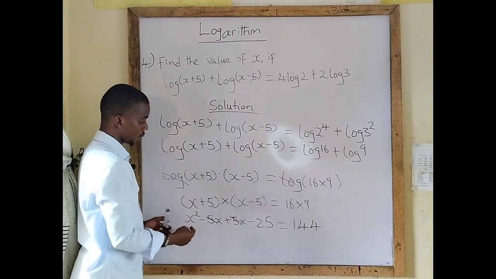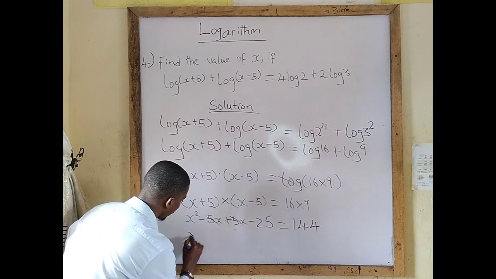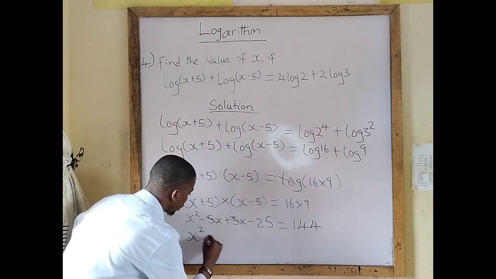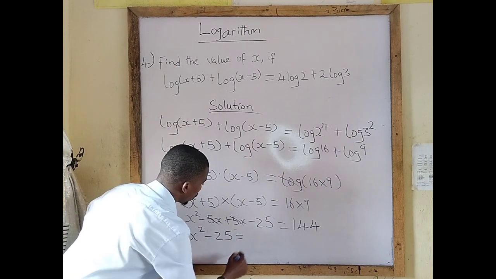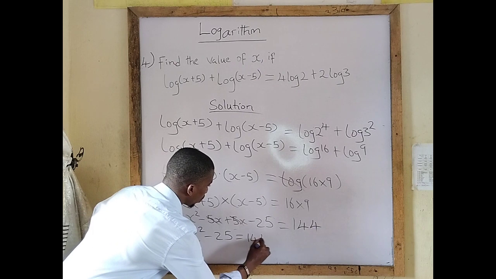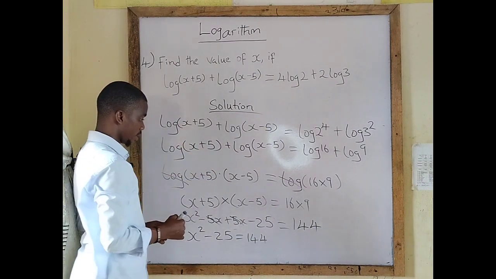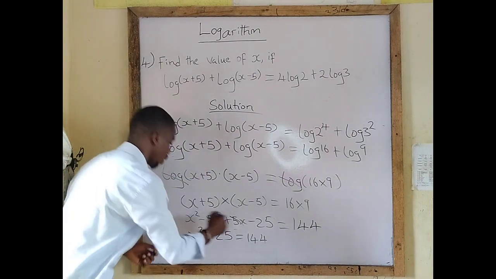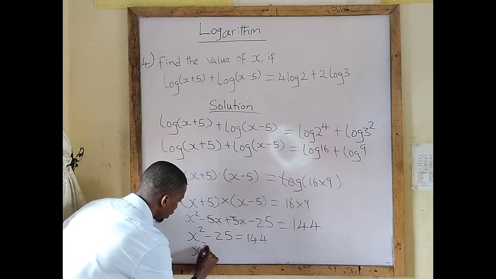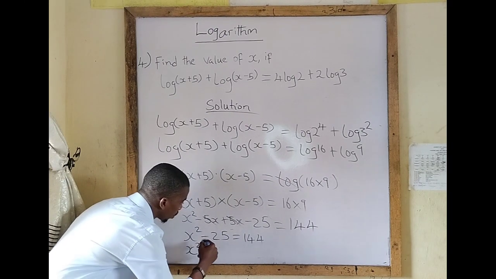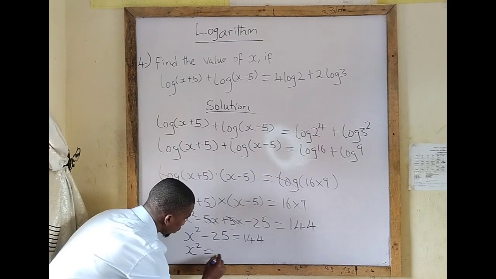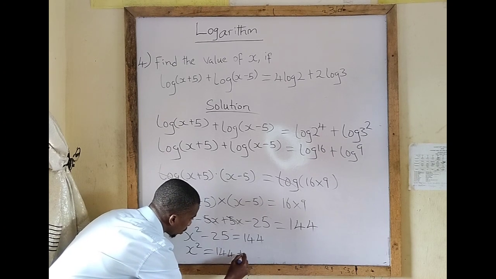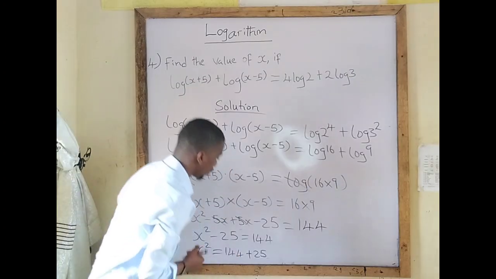So we have x squared minus 25 equal to 144. We collect like terms: minus 25 will cross over the equality sign, so that we have 144 plus 25.